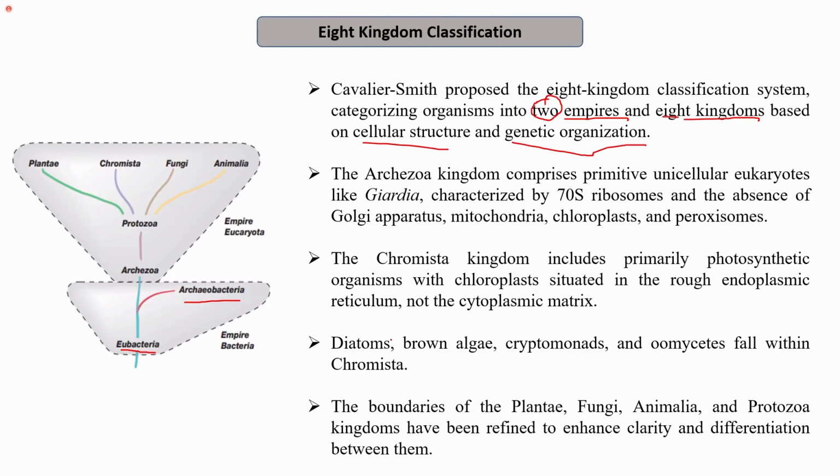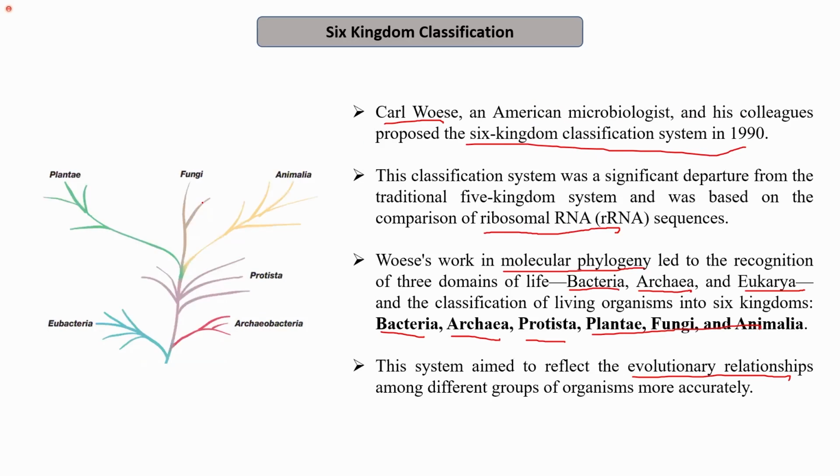The empire bacteria, as I mentioned, was divided into 2 groups, eubacteria and archaebacteria. And the empire eukaryota was divided into the 6 kingdoms, which are archezoa, protozoa, kingdom plantae, kingdom chromista, kingdom fungi, and kingdom animalia. In the earlier classification, there was a term that was used, kingdom protista.